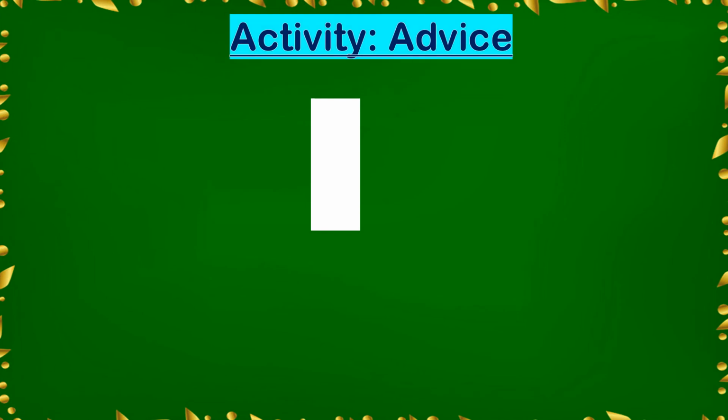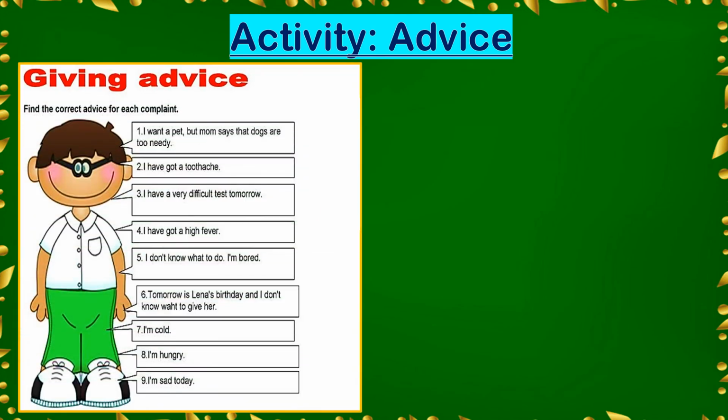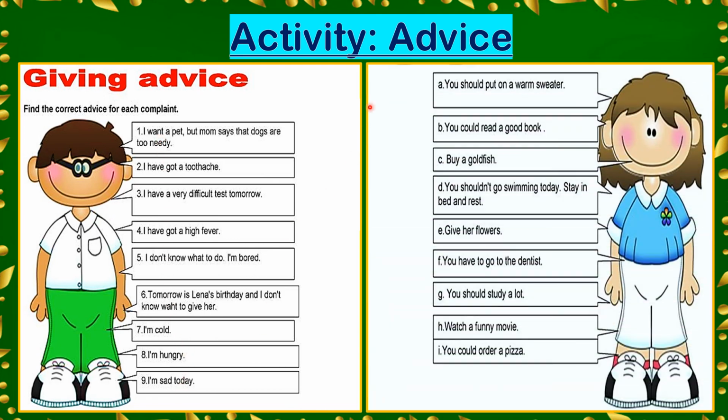Now class, we come to the end of our lesson and it's time for you to do the activity. So, giving advice. You can find here 9 sentences, class, and you are going to match them with the sentences on the right side. But here you are just going to write the letter of your answer on the underlined word.